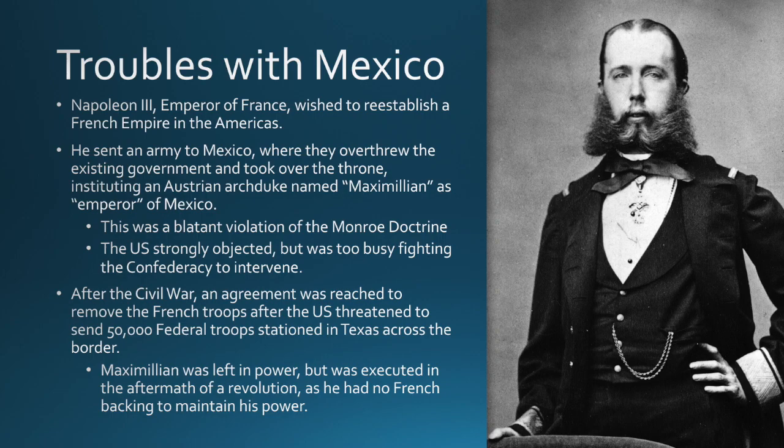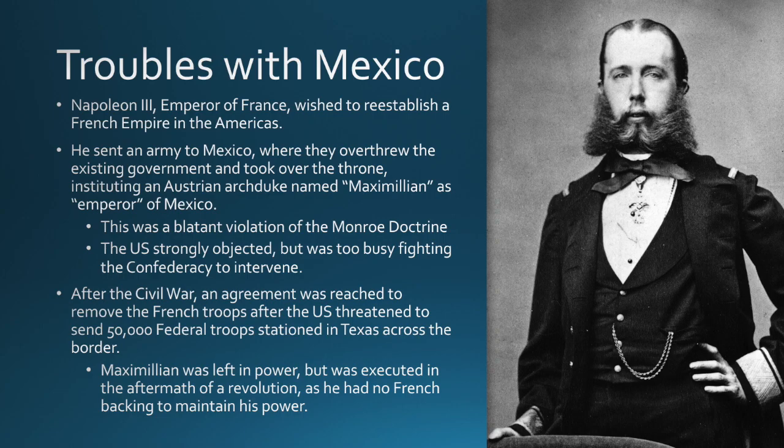We eventually wound up reaching an agreement with France in which they would remove their armed forces from Mexico after we started moving soldiers to the border between Texas and Mexico and threatened, saying, hey, look, guys, it's later. You have to get out of Mexico or else we're going to invade Mexico and kick you out by force. And they went, okay, with a French accent.